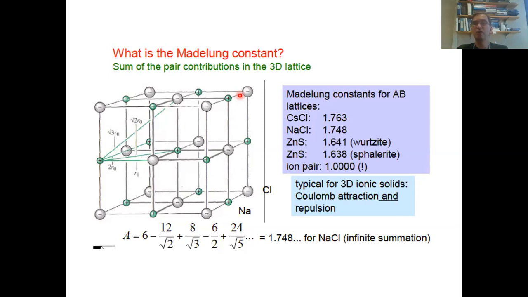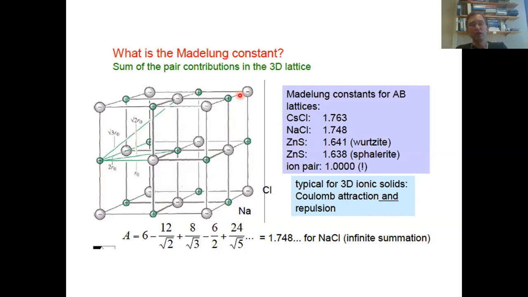That is because there are also repulsive interactions. Each ion, whether it's a cation or an anion, contains a nucleus which is always positively charged, and these nuclei repel each other, and the electron clouds between the cations and the anions also repel each other. Therefore you have an equilibrium distance.